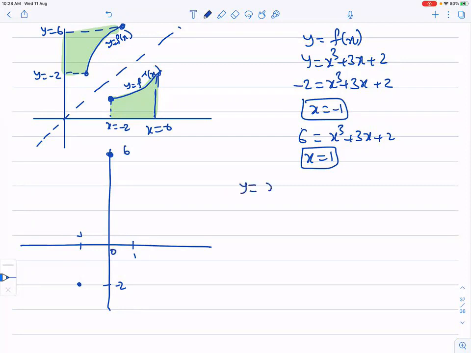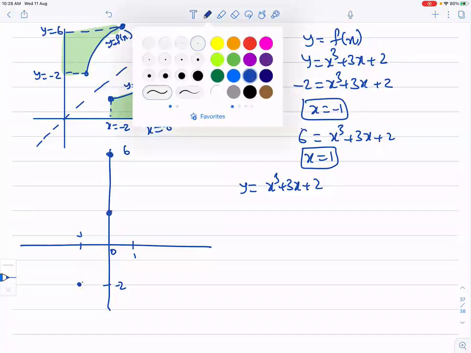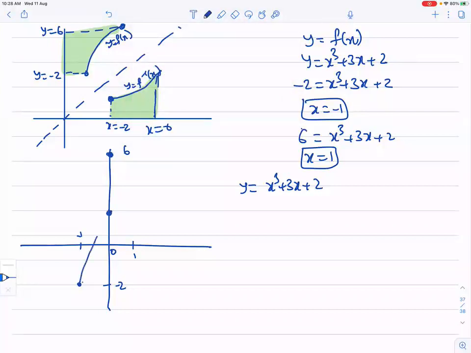We are plotting y equal to x cube plus 3x plus 2, the graph of f of x. So the graph is somewhat like this. It's a cubic equation.